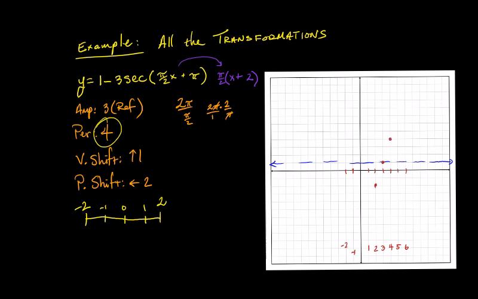Then I'll go up 3 to the blue line, and then up 3 again, then down 3, and down 3. Up 3, up 3, down 3, down 3. Okay, don't connect the dots. Draw in your asymptotes where it hits the middle line.